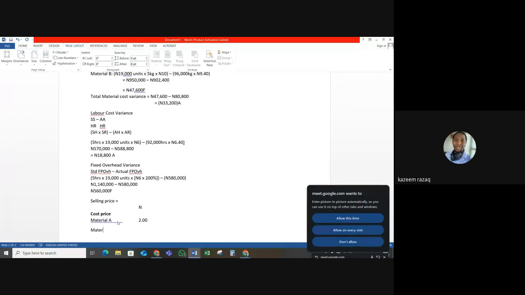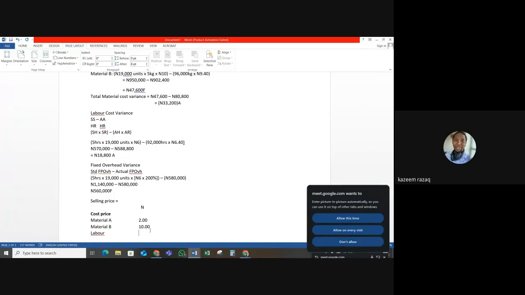Material B is 10 naira per kg. Then labor. What's the cost of labor? 6 naira per hour.